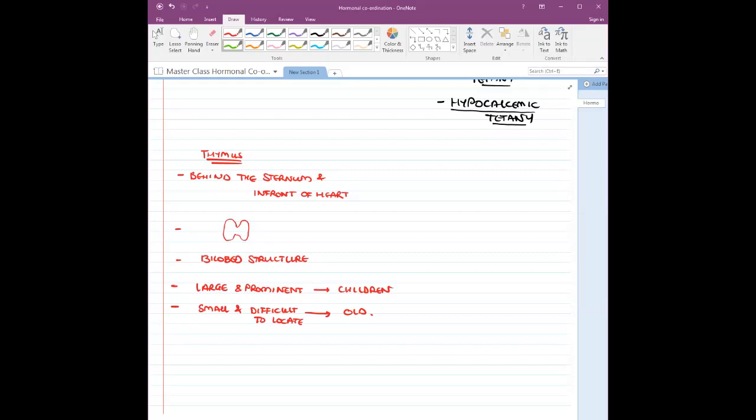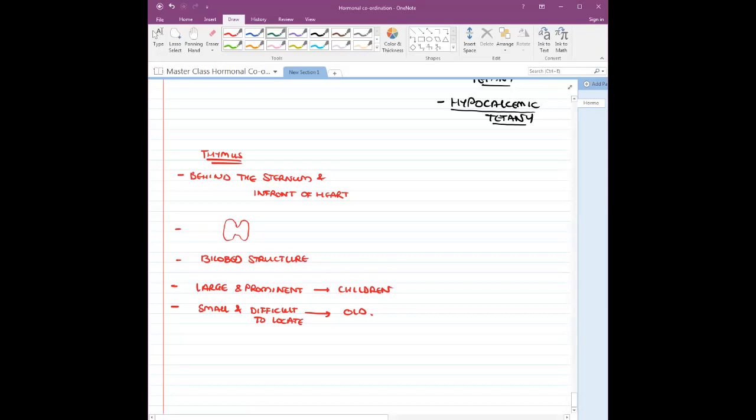So it is a continuous process. Why? Because as you grow older, the thymus is not working. I told you the thymus is responsible for immunity. So because the thymus is not working, the differentiation of WBCs doesn't take place, and because of that, you are going to have low immunity during your old age. That is the reason.